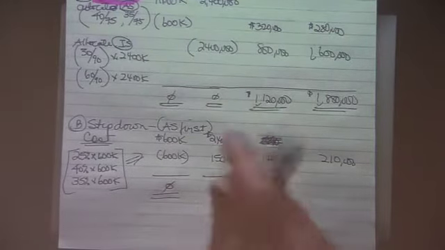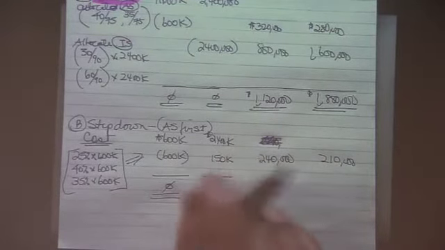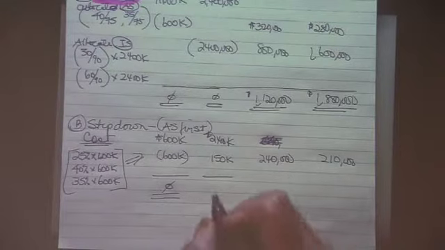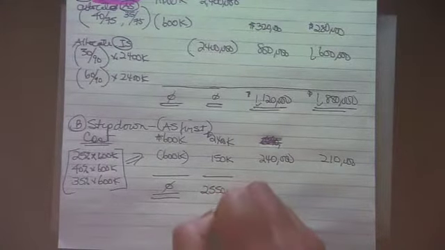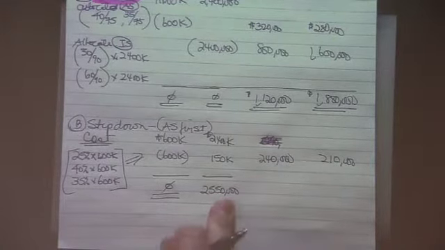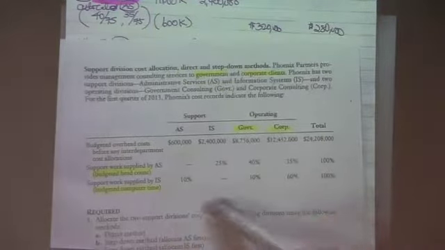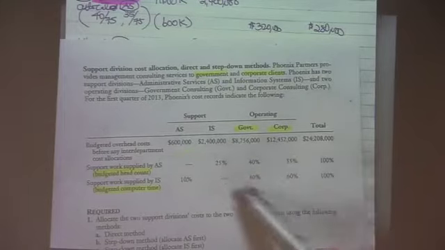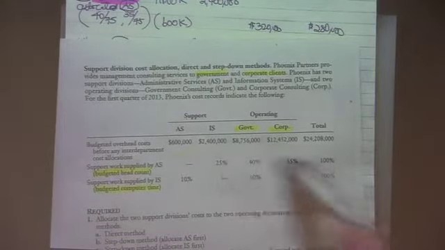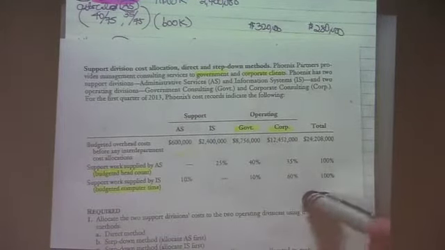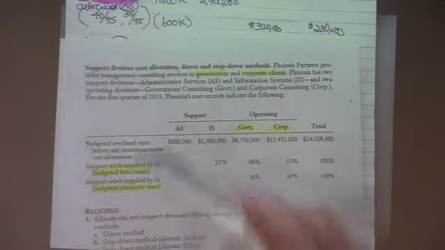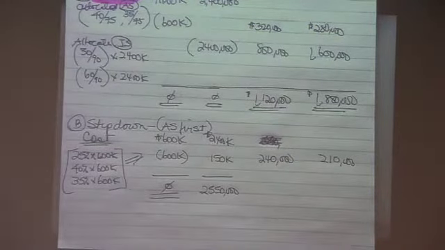Now, we need to calculate what the total cost is for this department, it's 2,550. Now, we're going to allocate the IS department based on just the remaining 2 operating departments' usage. We're going to ignore the administrative services.